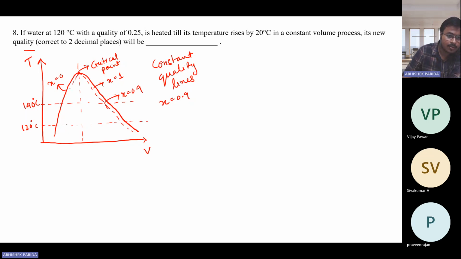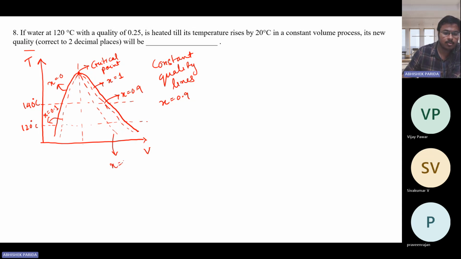And let us say this one is x equal to 0.1. Okay, so similarly x equal to 0.8, it will be like this.